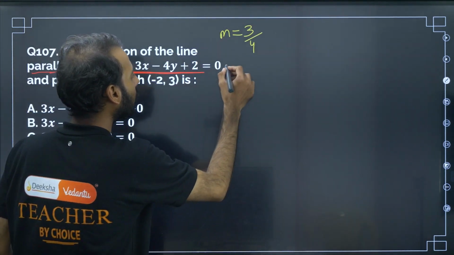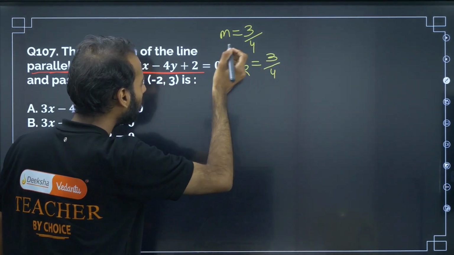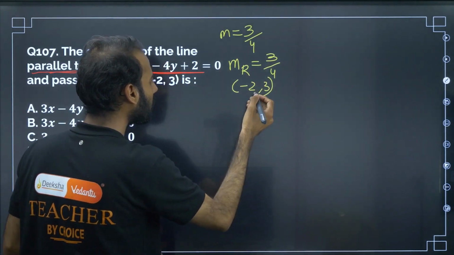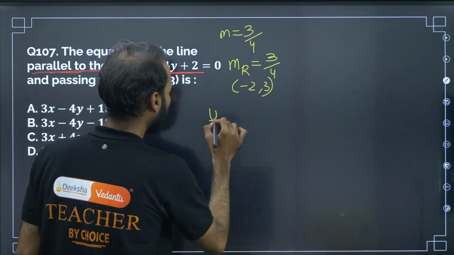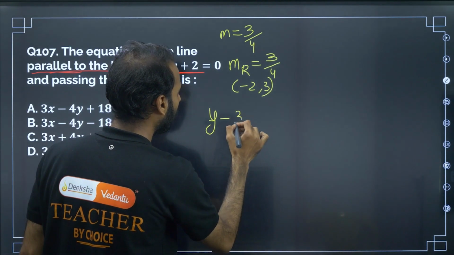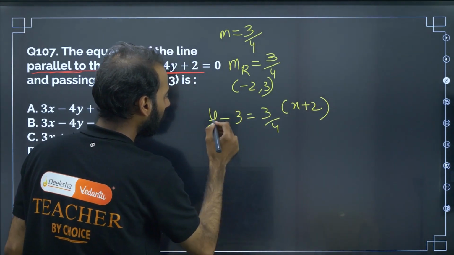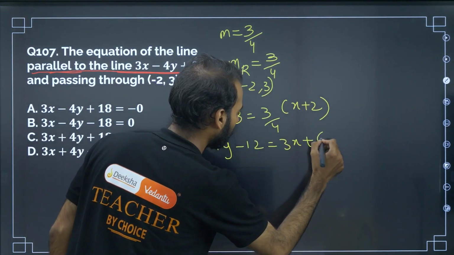Now parallel to this means what? Same slope only, and passing through the point minus 2 comma 3. One point is given, one slope is given. Why can't you find? So y minus y1 is equal to m times x minus x1. 4y minus 12 is equal to 3x plus 6.